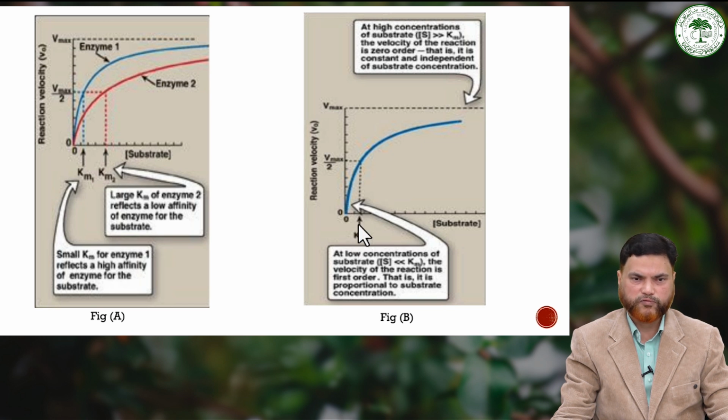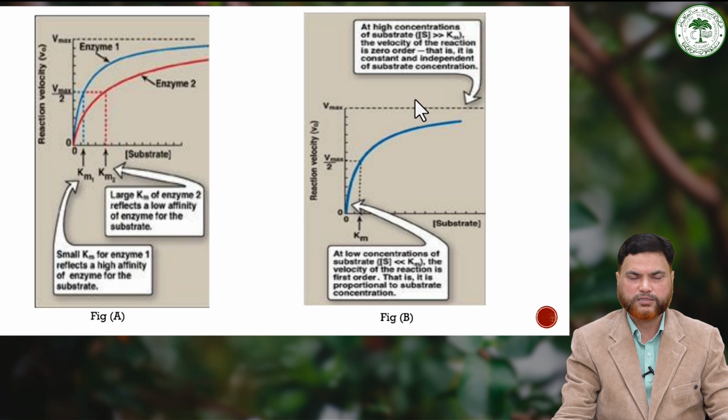Then the second condition: at high substrate concentration, when substrate concentration is much greater than Km, the velocity remains constant, Vmax remains constant regardless of substrate concentration.